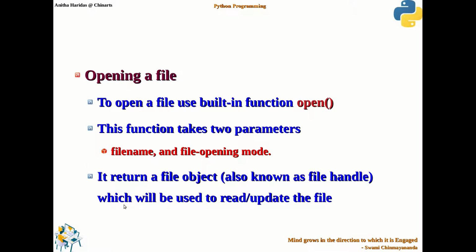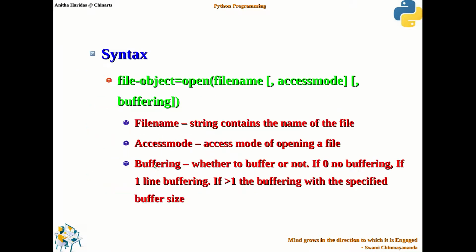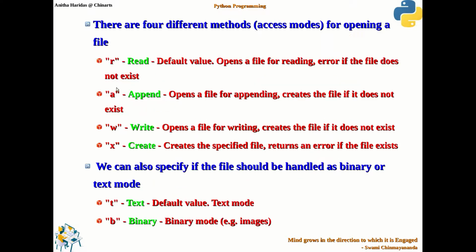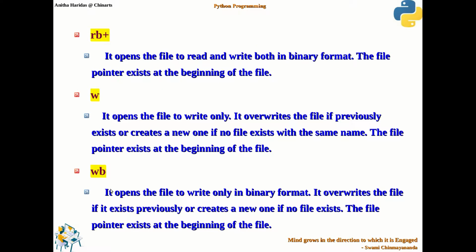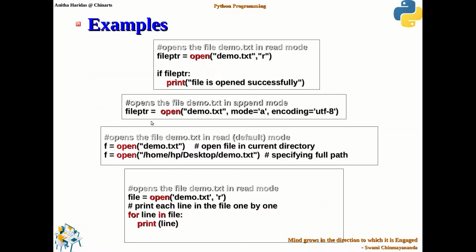Then we also talked about how you open a file, what the syntax of opening a file is, what the different parameters of the open function are, and what the different access modes for opening a file are. Then we had also seen an example.